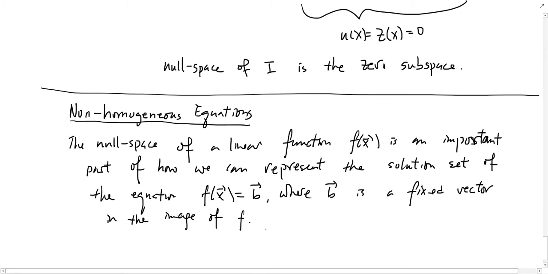So b must be an output that the function f can actually have. And in this case, obviously b is not the 0 vector, because if b does equal the 0 vector, we are basically talking about the null space of the function. So if b is non-zero, then we are talking about a solution set that's not the null space. But the null space still becomes a very important and integral part of what the solution set would be.